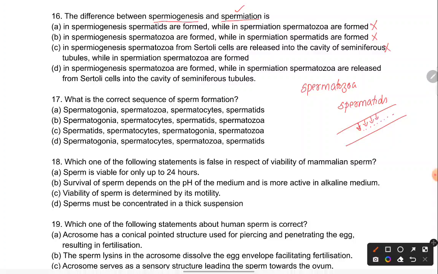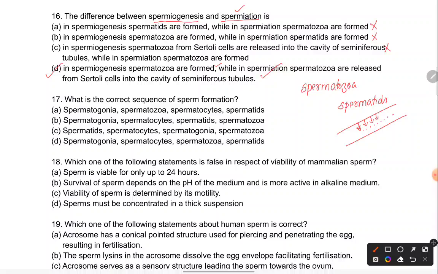No. While in spermiation, spermatozoa are formed. That statement is also wrong. Last one: in spermiogenesis, spermatozoa are formed. Correct. While in spermiation, spermatozoa are released from Sertoli cells into the cavity of the seminiferous tubule. So the correct option is option D.